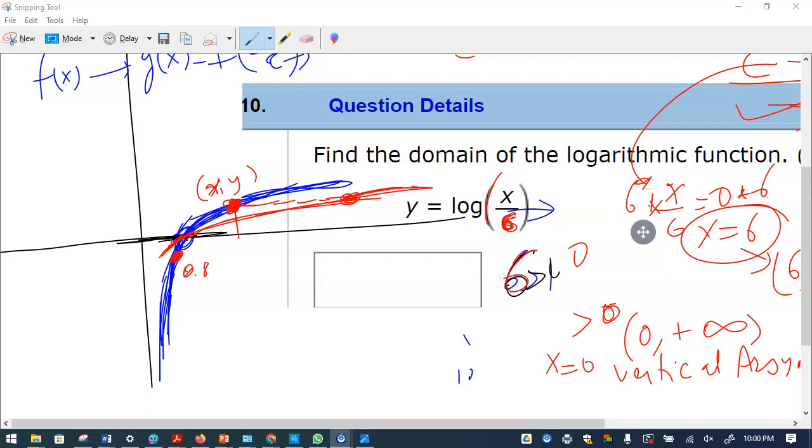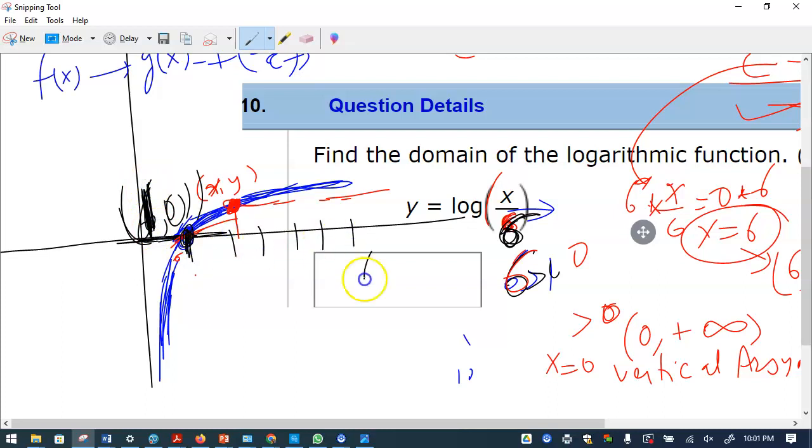We don't even have to take this 0.8. We can think of this point itself. In the beginning this point is 1 comma 0. You multiply the 1 by 6, so it becomes 6 comma 0: 1, 2, 3, 4, 5, 6.